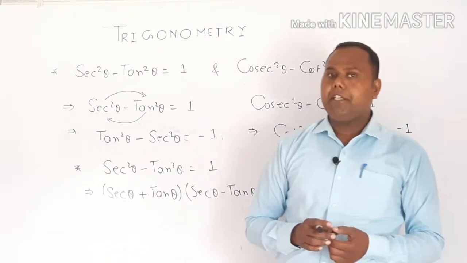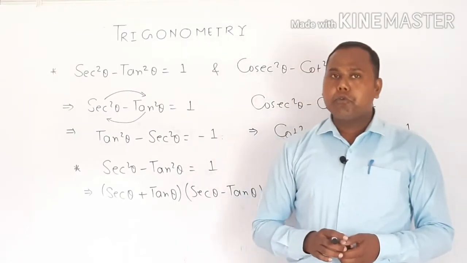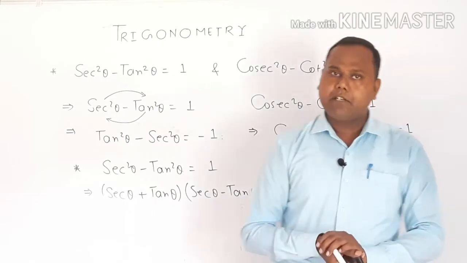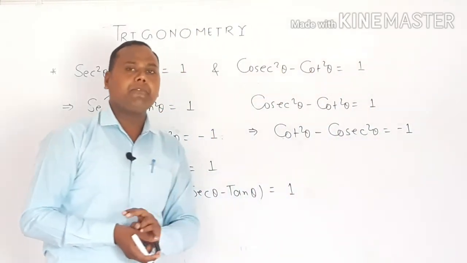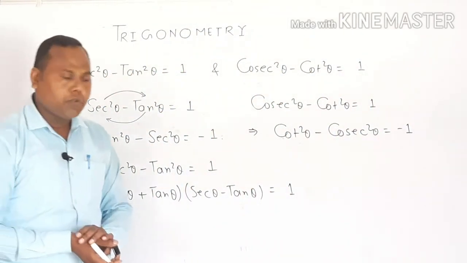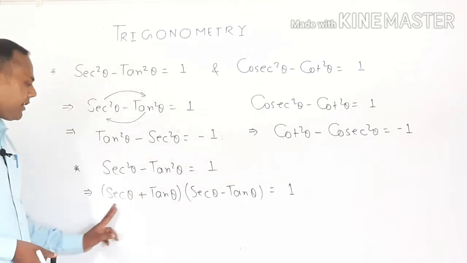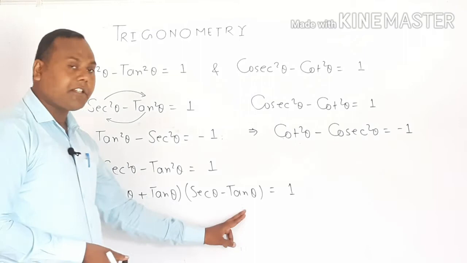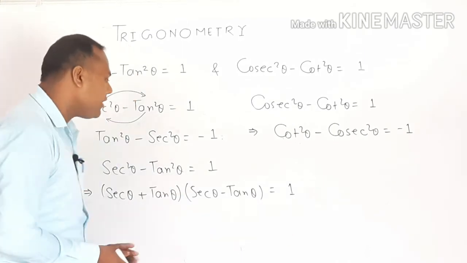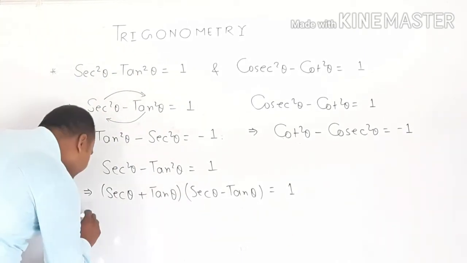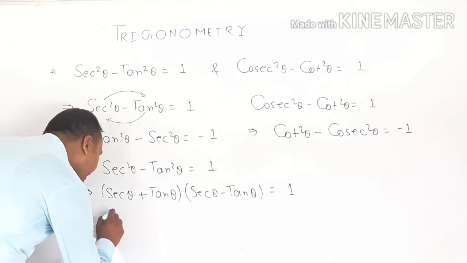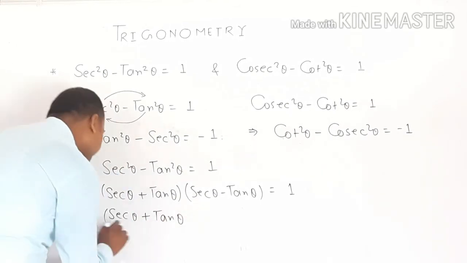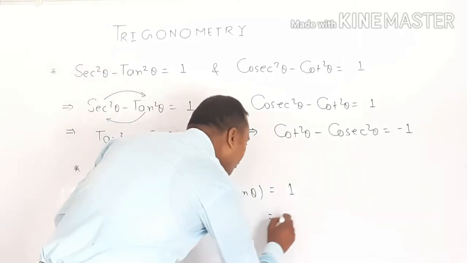That means if there is a square of two terms and the relationship between them is difference, then we can say it is the sum of the two terms into the difference of the two terms. That's why sec of theta plus tan of theta into sec of theta minus tan theta will be equal to 1.